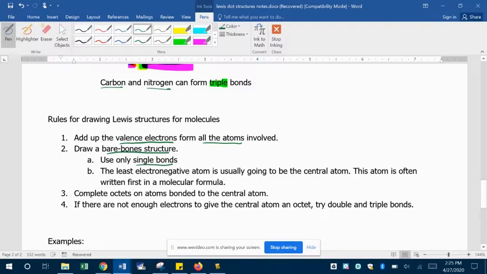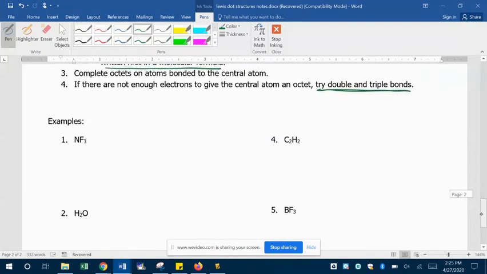And we're going to put an atom in the center that's often written first in the molecular formula. And we're going to then complete octets on atoms that are bonded to the central atom. And then if there are not enough electrons to give the central atom an octet, that's when we're going to try some multiple bonds. So let's try.